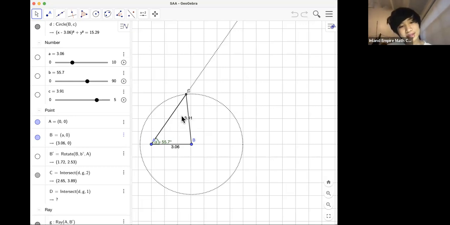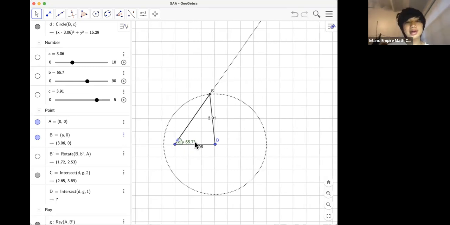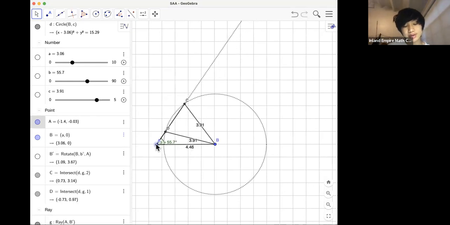What this means is that there can actually be 2 possible triangles. Right now, there aren't 2 possible triangles, but if we move A to be outside of the circle, the circle representing all the infinite number of places this 3.91 side can go, you can see that there are 2 possible triangles that may be formed.